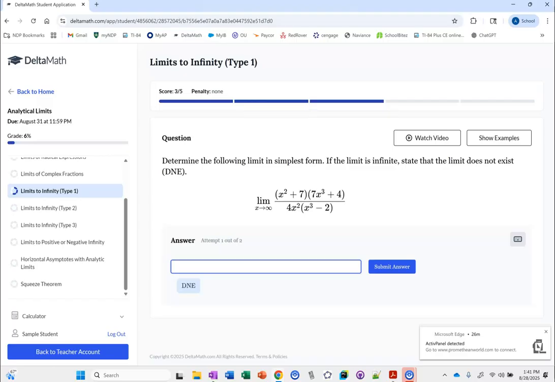Only on top, because of the odd degree, the degree of the polynomials matters to whether it's going to positive infinity or negative infinity. Does that make sense? It matters in one of the scenarios, and only a little bit in terms of figuring out the sign of infinity.